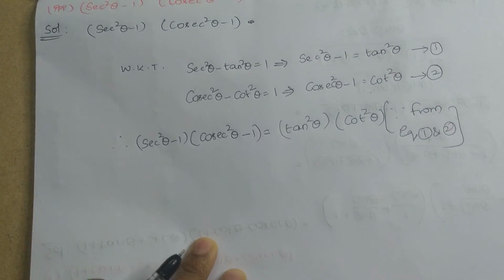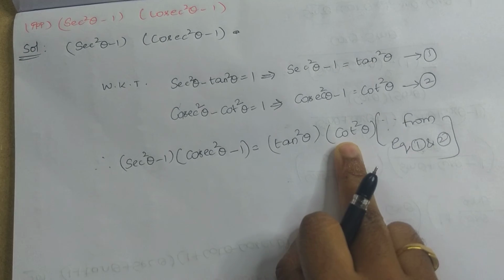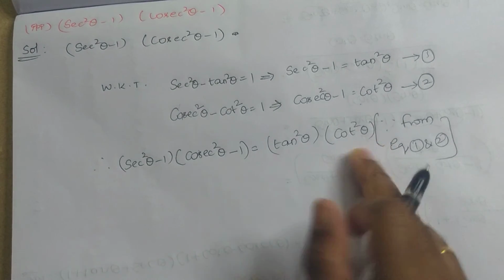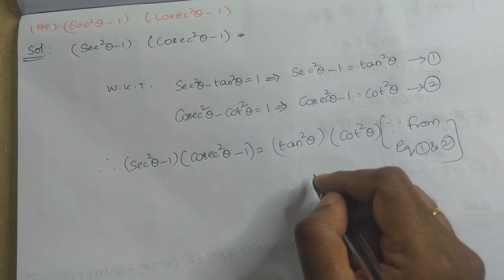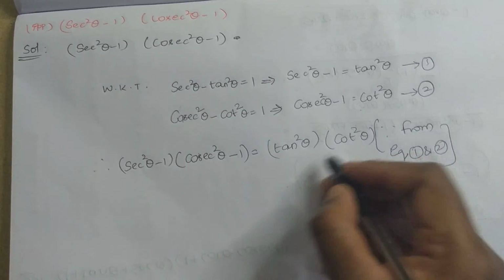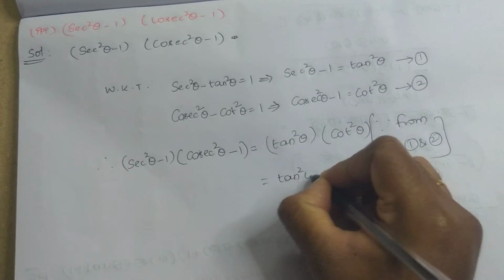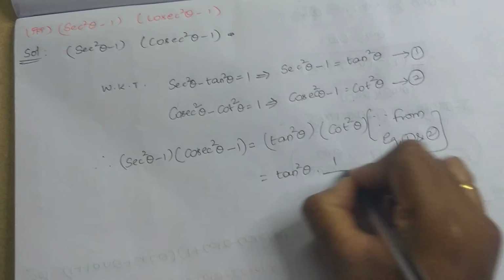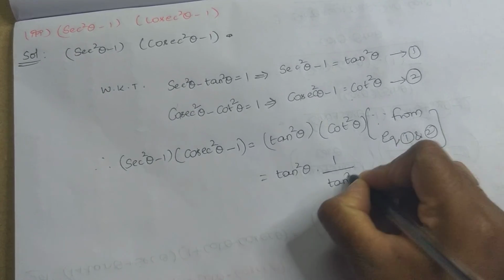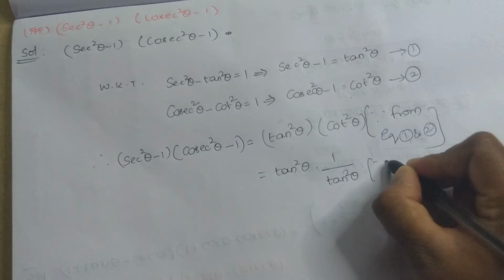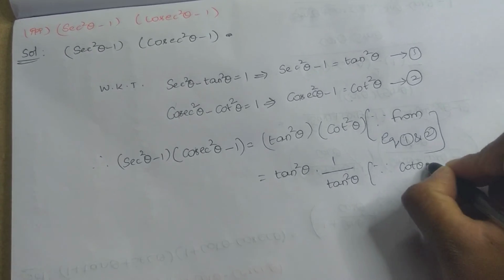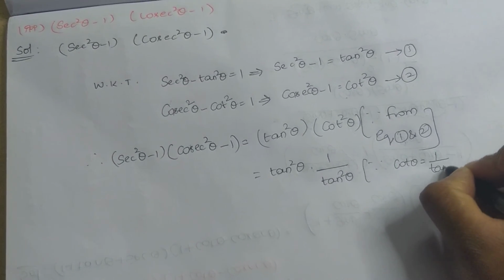Okay. So after this, what is cot theta? It's nothing but 1 by tan theta. So here tan square theta into 1 by tan square theta, since cot theta equals 1 by tan theta.